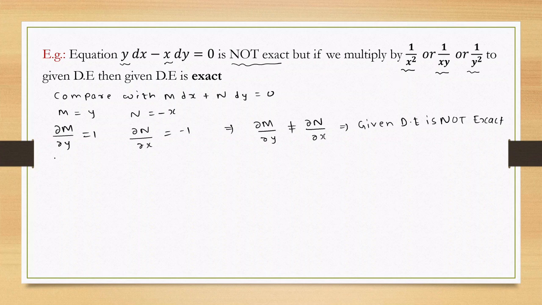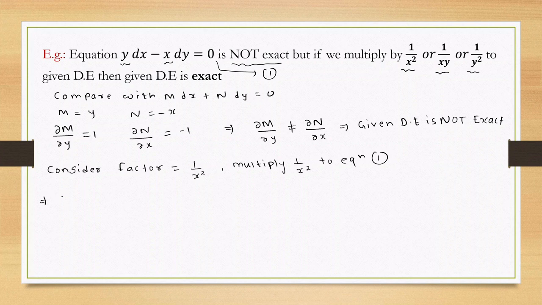Okay, let us consider the factor which is equal to 1/x². Call this equation number 1. Now multiply by 1/x² to equation number 1. So this implies (1/x²)(y dx - x dy) = (1/x²)·0.